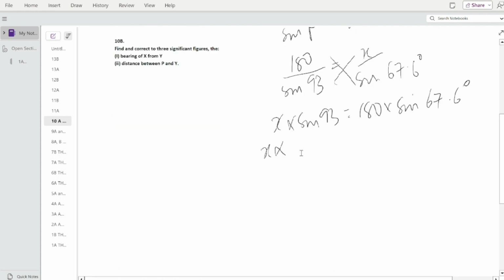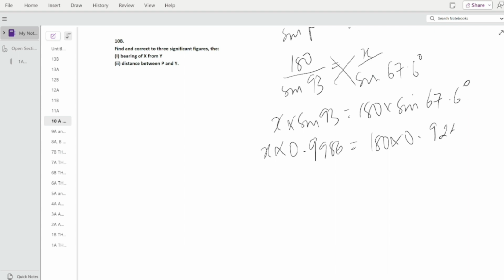x times sine 93 degrees, which is 0.9986, equals 180 times sine 67.6, which is 0.9245. So x times 0.9986 equals 180 times 0.9245, which will give you 166.41.